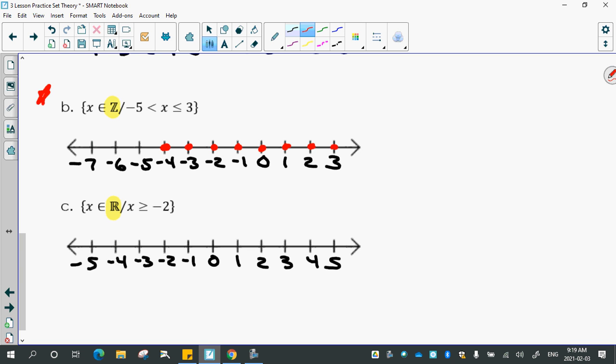Okay, is -2 in the set? Yes, so closed circle. And then which way did you color? Towards the door or towards the window? There's the question. Door. Good idea. So to be in the set, you have to be greater than or equal to -2. Okay? To be in the set, you have to be greater than or equal to -2.